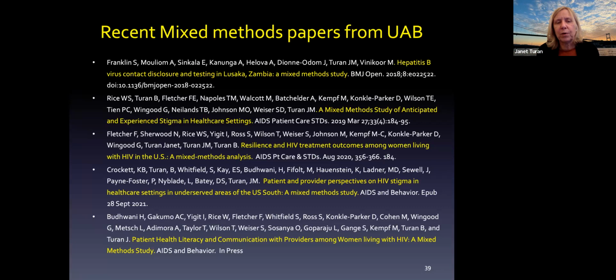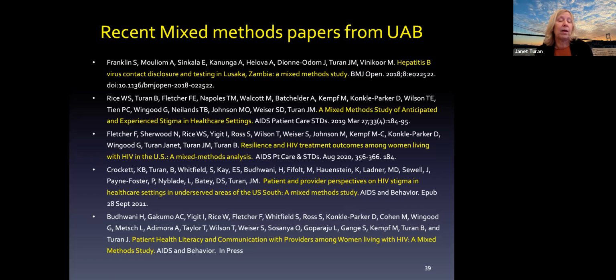So I also wanted to mention there's quite a bit of mixed methods research coming out of UAB these days. And I'd say a lot of it is in the HIV space. You all can tell me, I'm sure there's a lot of other work going on as well, but these are some of the ones that I'm familiar with. And as I mentioned, you really do get more compelling and exciting results when you can integrate qualitative and quantitative.